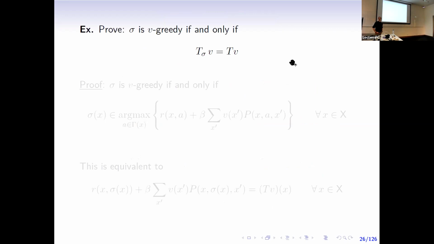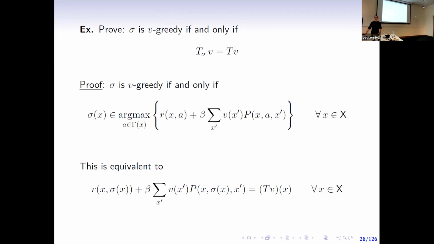Now, just playing around with the definitions here, this is an equivalent way to say that sigma is v-greedy. Maybe it's a little bit tedious because it's just a matter of definitions, but this is going to help me in a second because I want to explain the algorithms that we use geometrically.